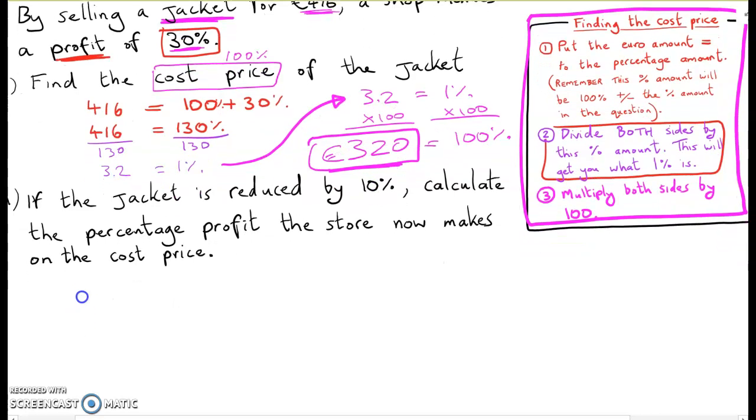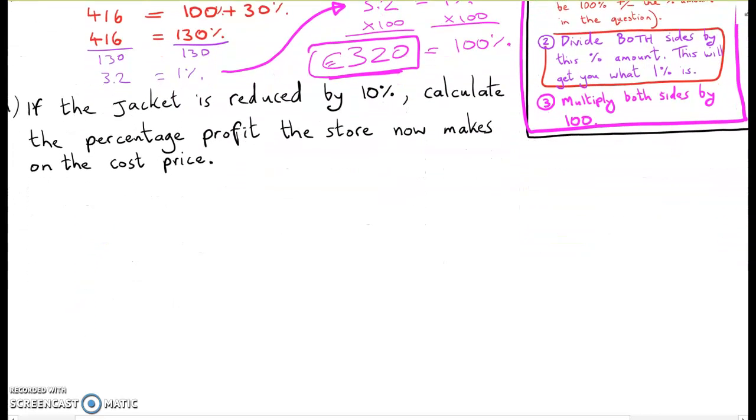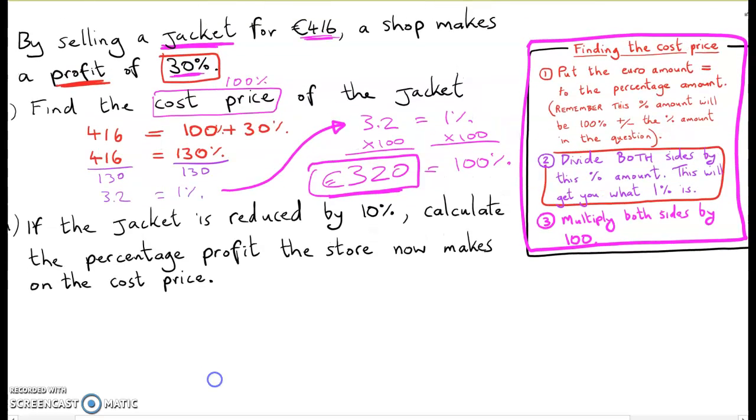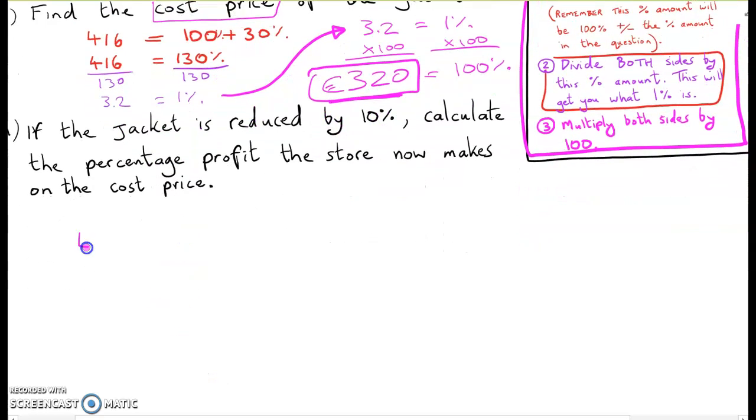Now look at part 2. If the jacket is reduced by 10%, calculate the percentage profit the store now makes on the cost price. Remember, this is the cost price, so 416. But they're going to reduce that price by 10%. Okay? So we need to find what 10% of 416 is.